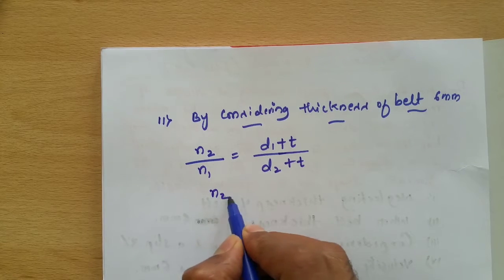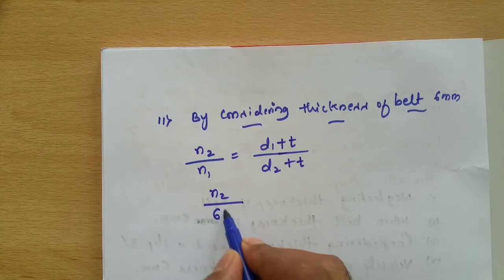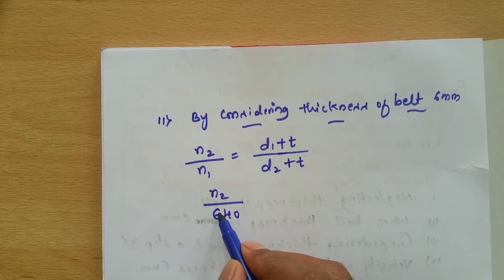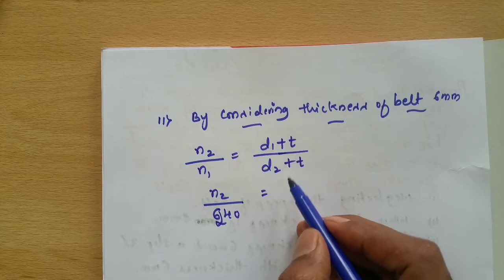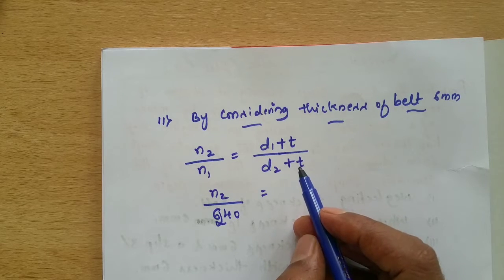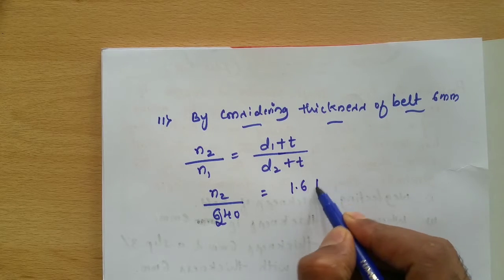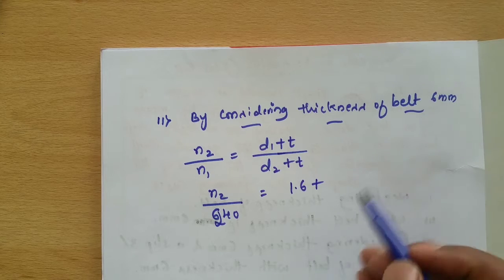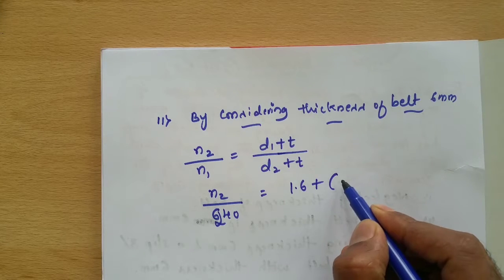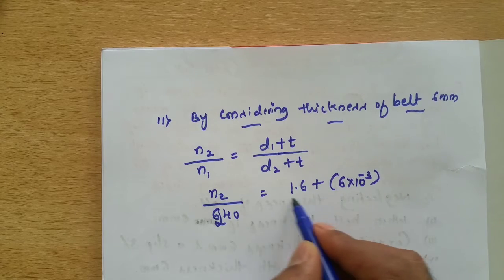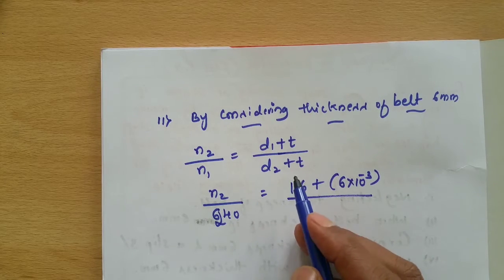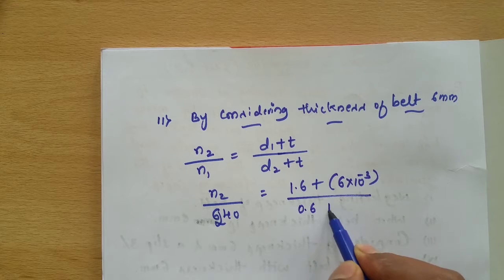So N2 is unknown. N1 is 240 rpm, that is equal to D1, which is 1.6 meter, plus the thickness of 6 mm. We have to take it in terms of meters, so I'll take 6 into 10 power minus 3 meter, divided by D2, which is 0.6 meter.